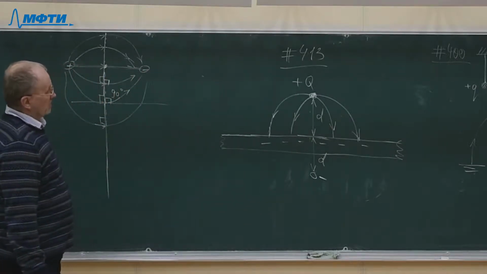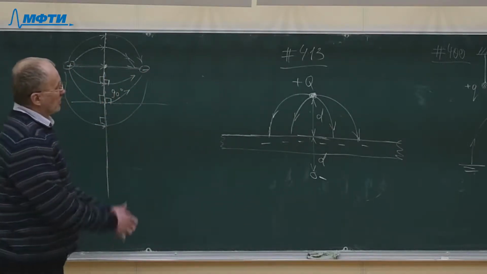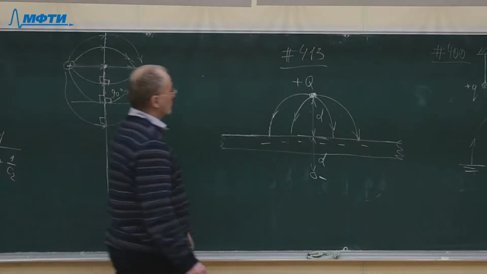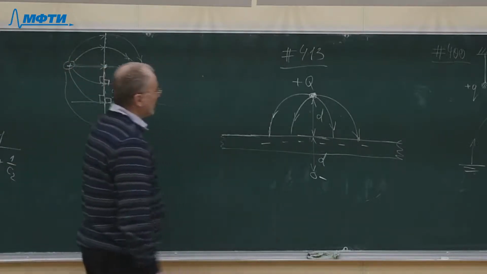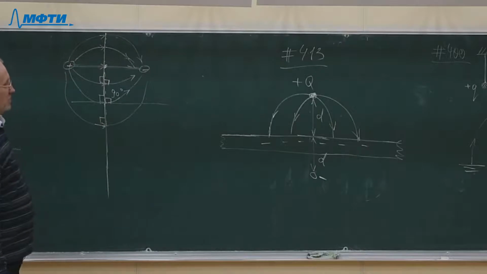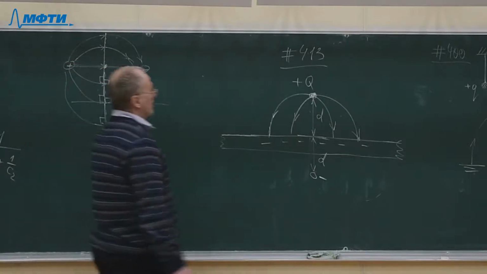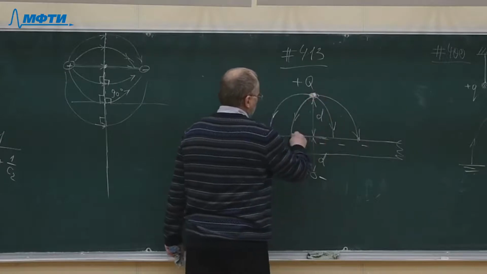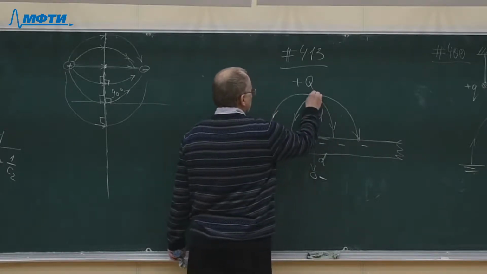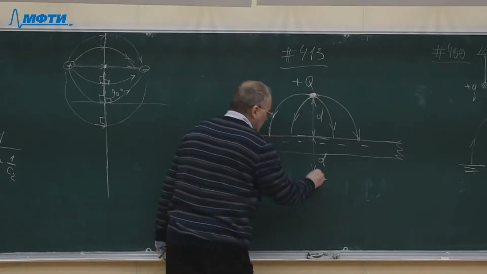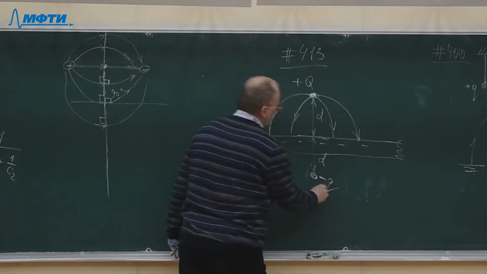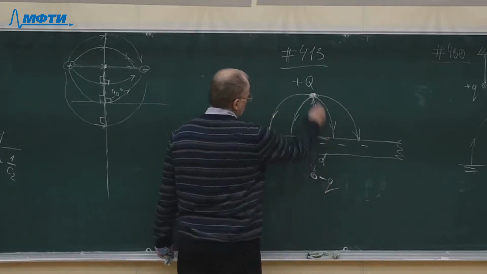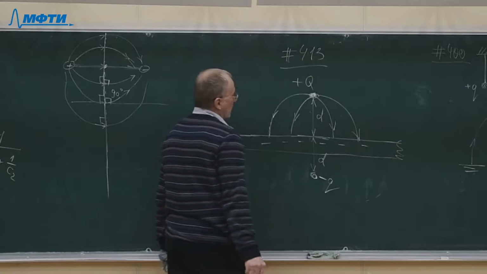So the configuration of force lines of electric field will be the same. That makes it possible to understand that the force of interaction between this charge and the surface will be the same as the force of interaction between this point charge and this point charge minus q, which is placed at a distance 2d from the initial charge.